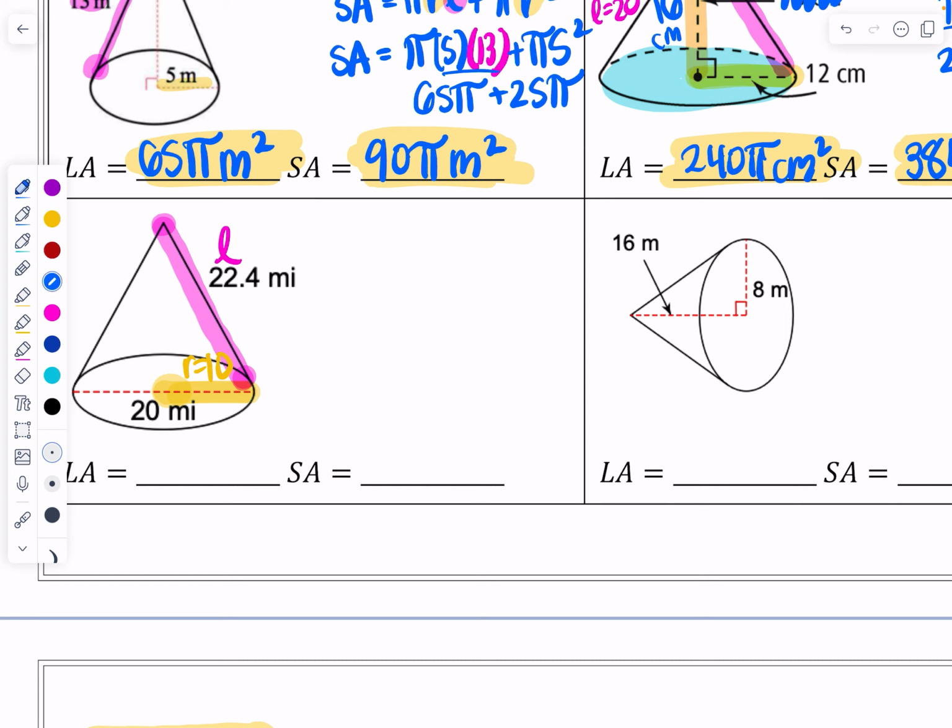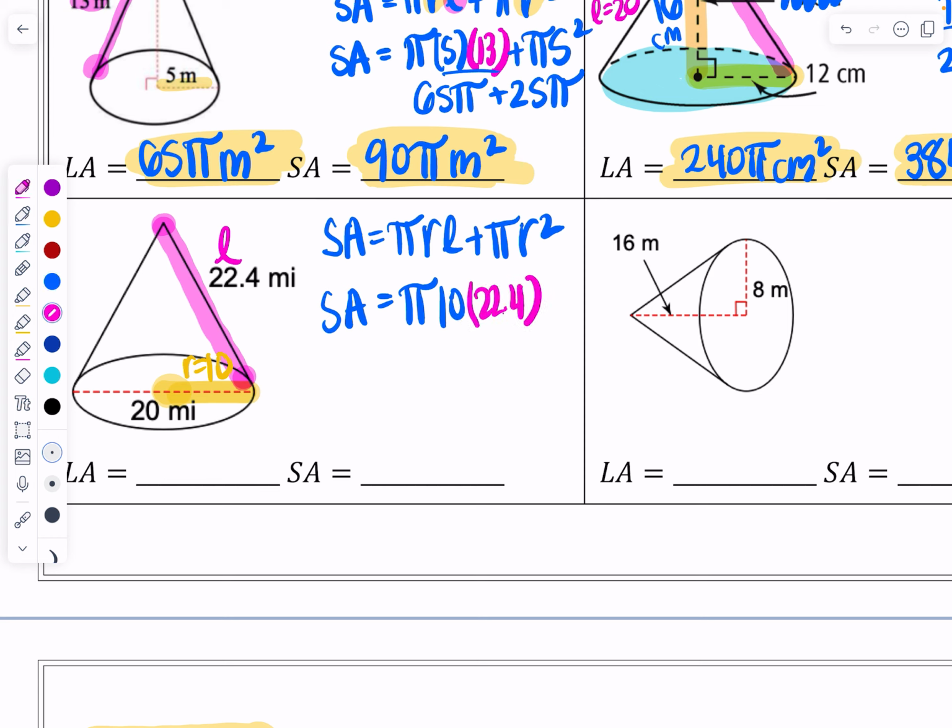And so when I go to plug that into the formula, surface area equals pi r L plus pi r squared. Just make sure you plug in the right thing. That's going to be pi times 10 times my slanted height, which is 22.4. And we want to add the area of the base, which is going to be pi times 10 squared. So 10 times 22.4 is, of course, going to give me 224 pi for my walls.